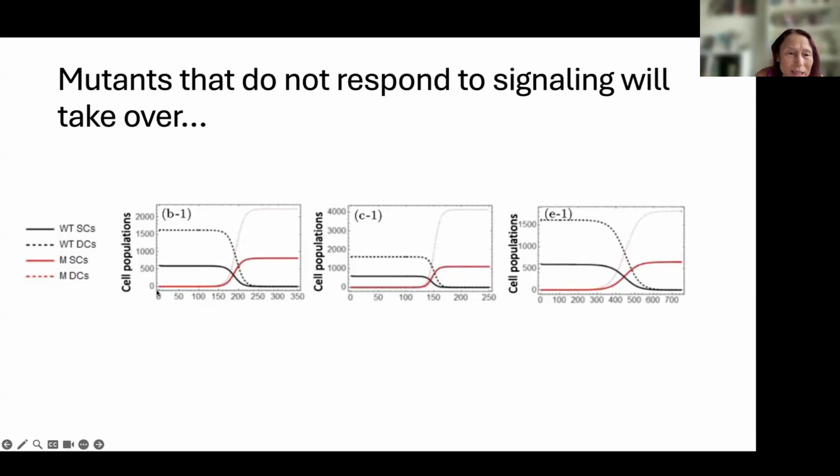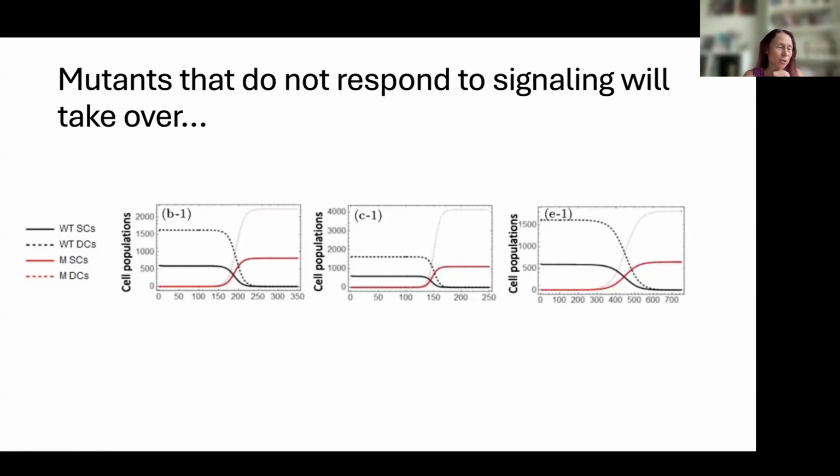So this is your equilibrium, and we put a little bit of a mutant here. And after a while, you see that the mutants come up. These are mutant stem cells, these are mutant differentiated cells, and the original cells die out. So here mutant took over. And for each of those control systems, you can have a similar picture. Mutants always take over. That's a fact of life.